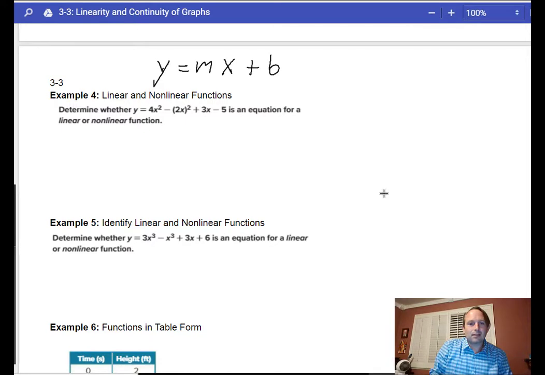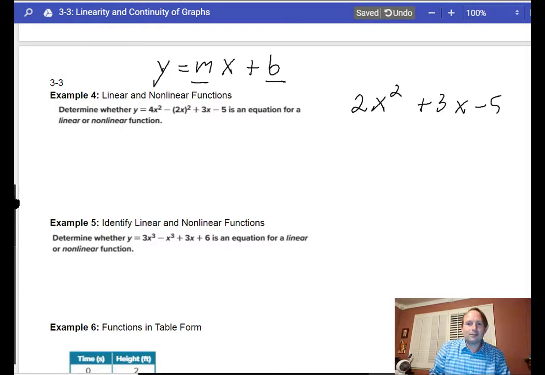That means it has a slope, has an x and just an x, and where does it hit the wall? Well, if I go 4x squared minus 2x squared, that's 2x squared plus 3x minus 5. That's not y equals mx plus b.